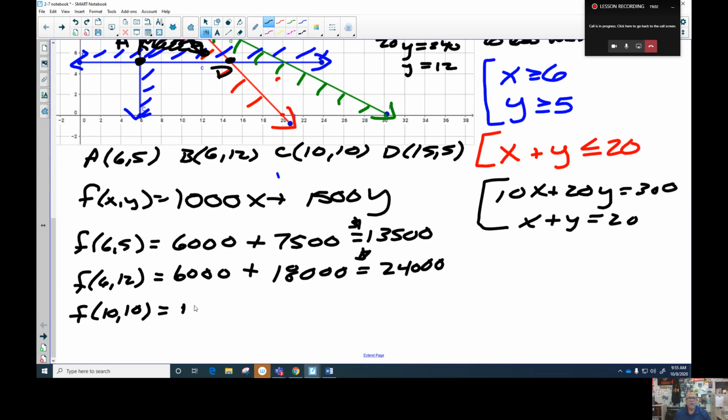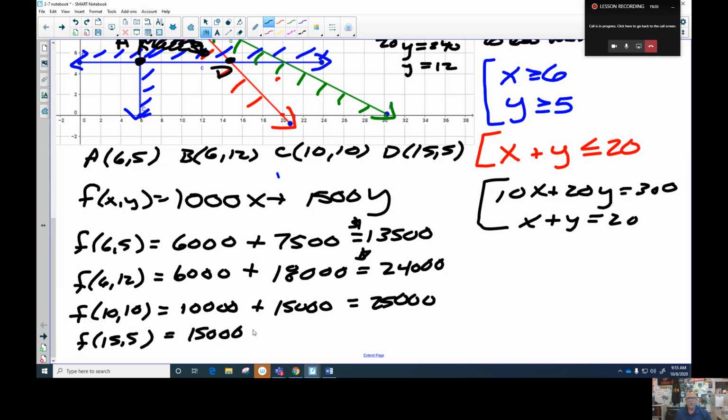So that would be 10,000 plus 15,000, and that's 25,000. Okay, and then f of 15, 5. 15, 5 would be 15,000 plus 7,500, 5 times 1,500, and you would get 22,500. And these are in dollars, sorry.